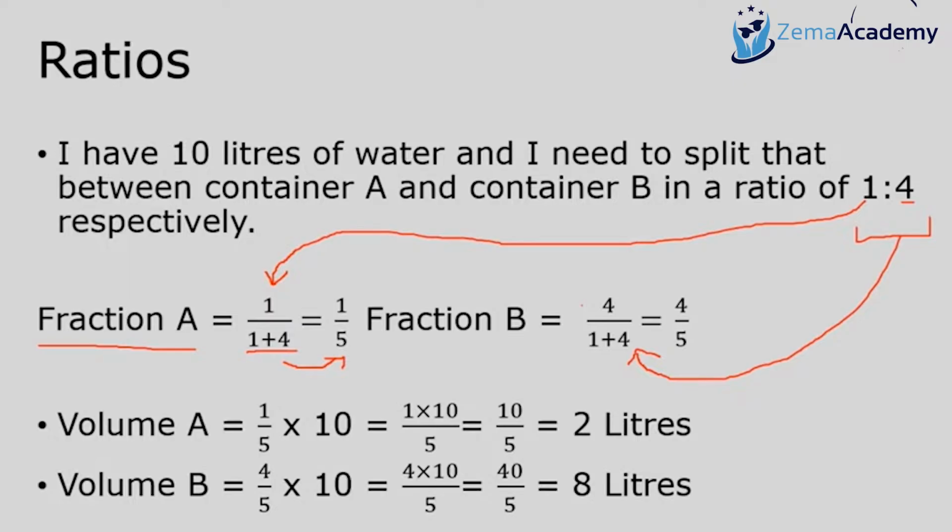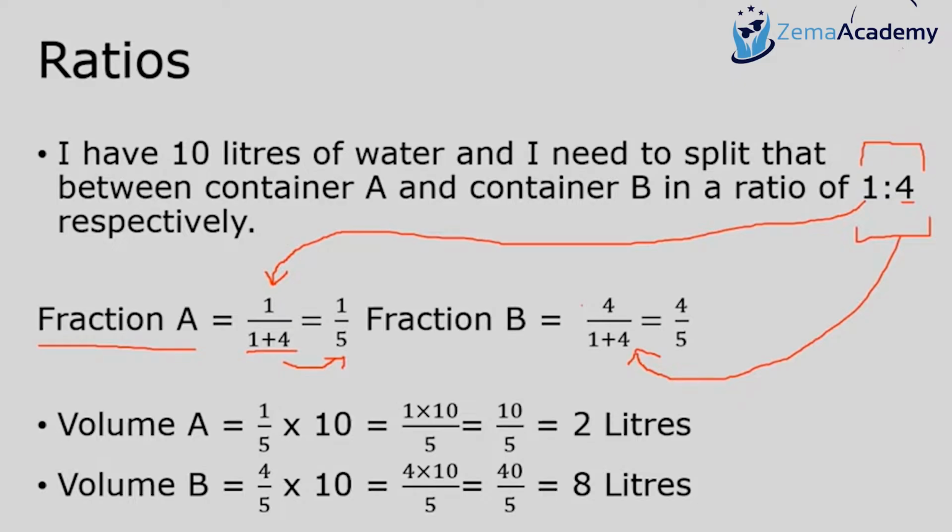So how do we use those, though, to then calculate our litres of water? Well, we multiply them by the total. That's why we use the total numbers in the first place from this ratio. So, volume A, we know is going to be 1/5 of 10 litres. So here, I've got 1 over 5 times 10.